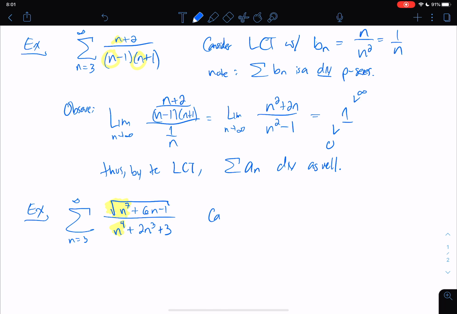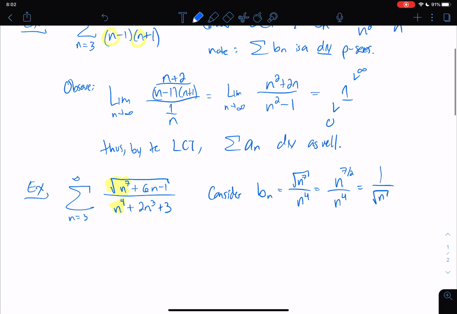So we're going to consider b sub n to be the square root of n to the 7th over n to the 4th, which is n to the 7 halves over n to the 4th. The top is n to the 3 halves, so this becomes 1 over the square root of n in the bottom. This, of course, is a divergent p-series.